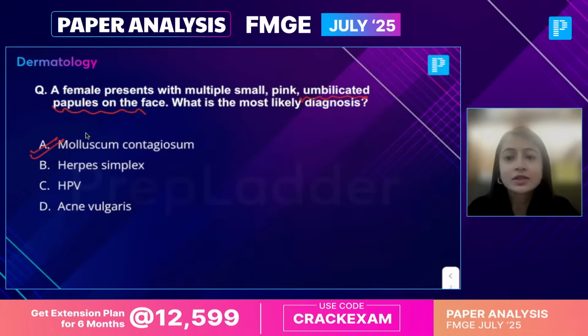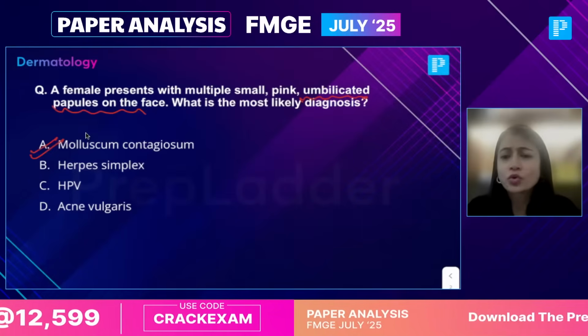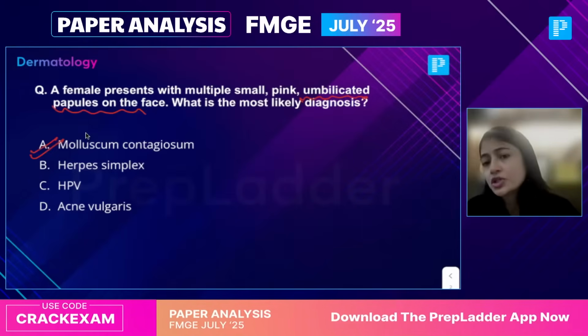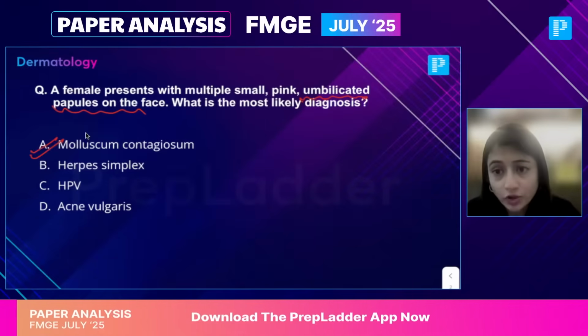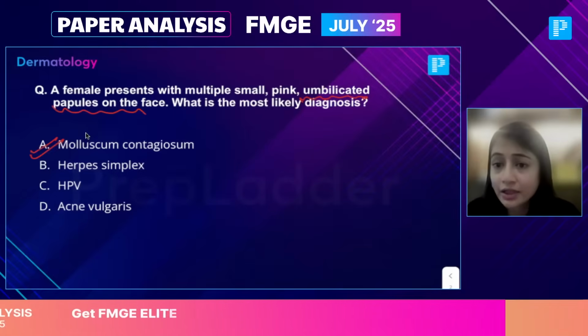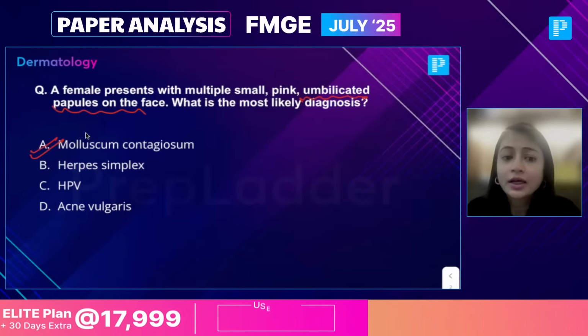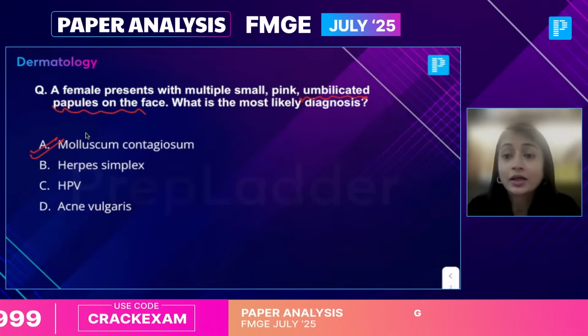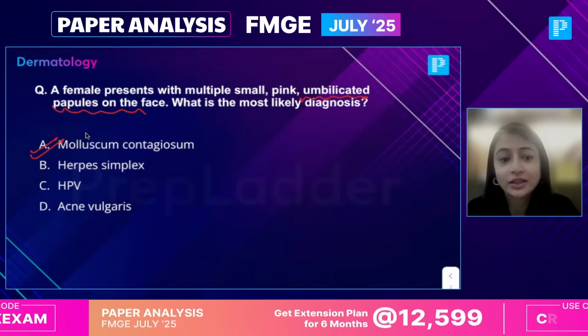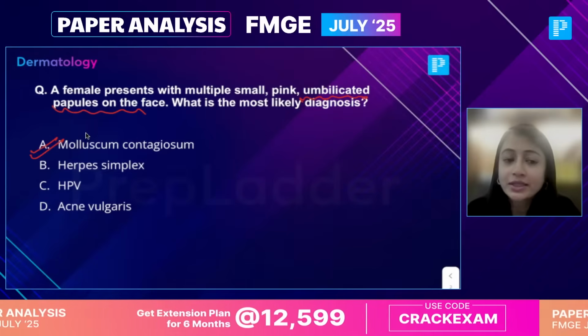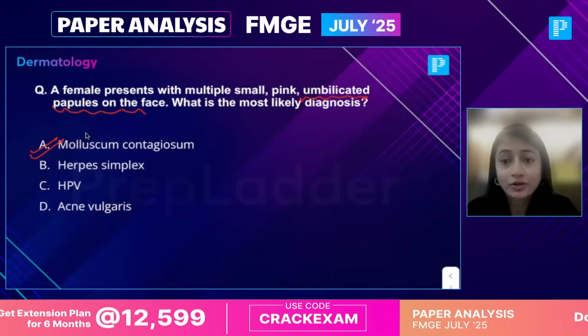There are certain conditions like cryptococcosis where you might see umbilicated papules, but then there is a vast history associated with it, and none of them were in the options. The options were quite simple: acne vulgaris, HPV, herpes.